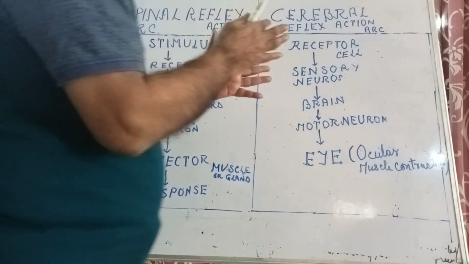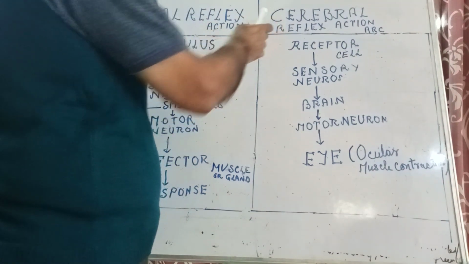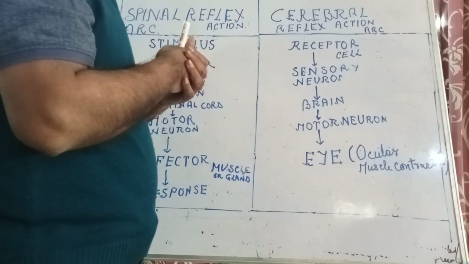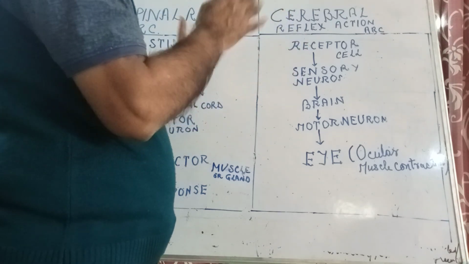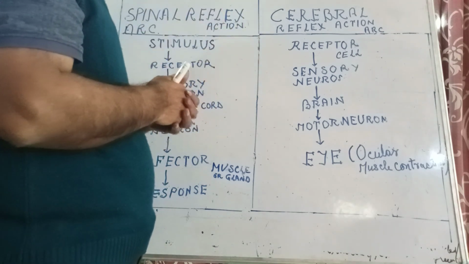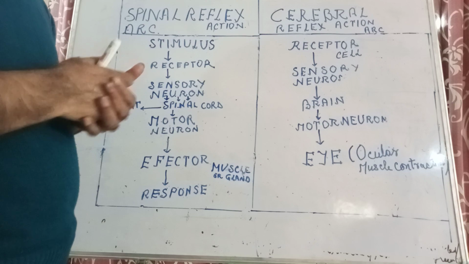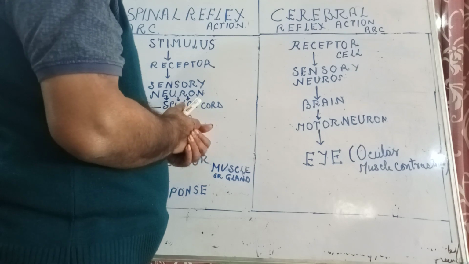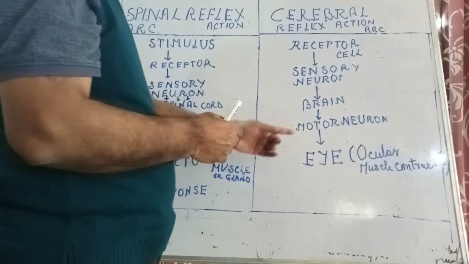What will be the example? When we are exposed to strong light, our eyes are closed automatically. So here the stimulus is strong light, and the receptor cells are in the eyes which are receiving this strong light, and they are converting this into an impulse, and this impulse is carried by the sensory neuron to the medulla oblongata part of the brain, and here the generation of the motor impulse is taking place in the brain, and it is carried by the motor neuron back to the eye.